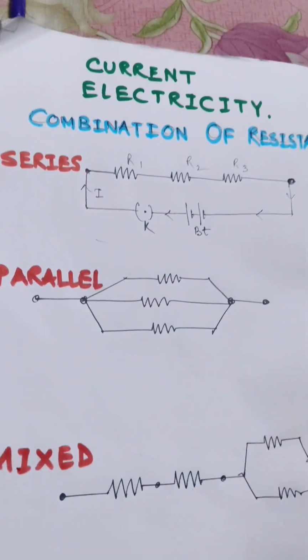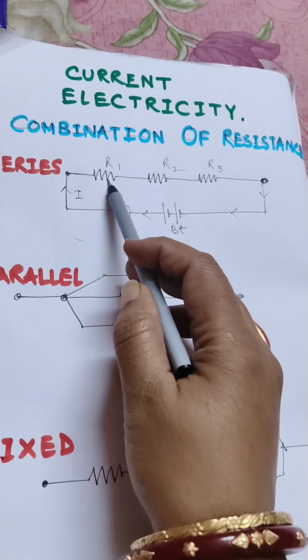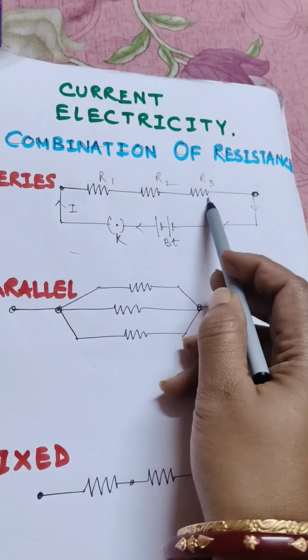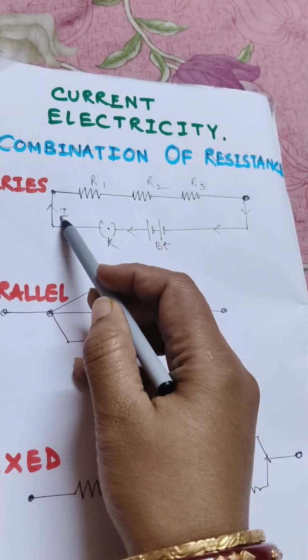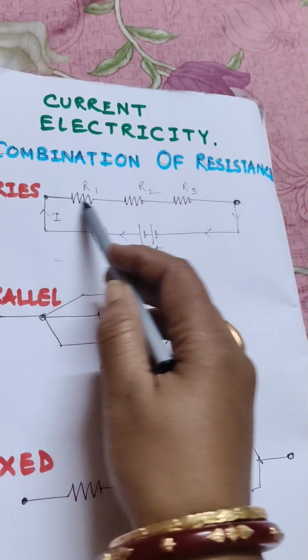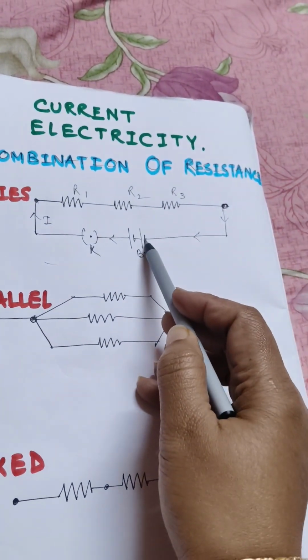That is what you have to keep in mind: when the current in the resistances is the same, then the resistances are in series. So current I flows through R1, R2, R3, and then the circuit gets completed.